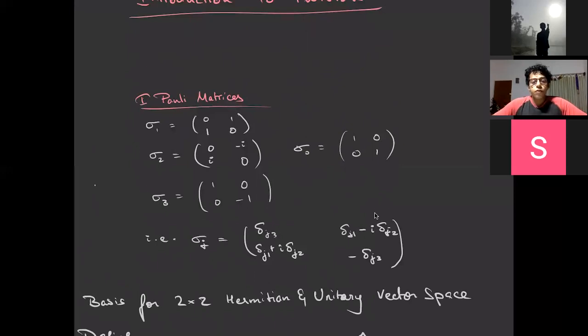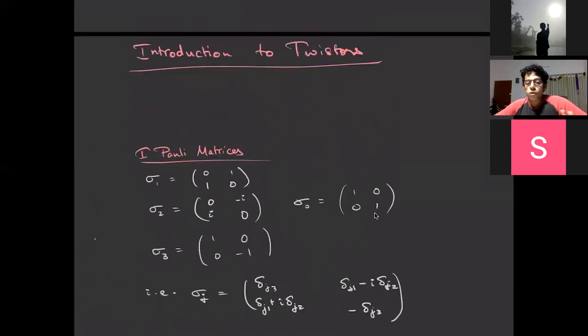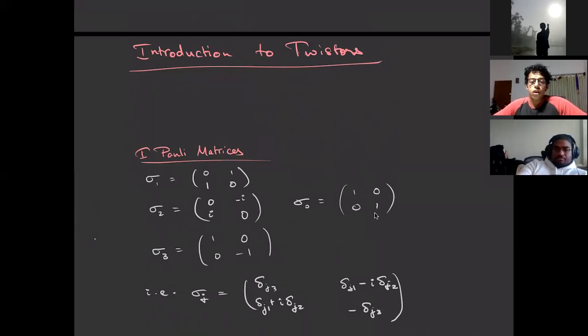So one of the first things that you talk about is the Pauli matrices, right? What are the Pauli matrices? They are just sigma one, sigma two, sigma three, coupled with sigma naught, which form the basis of the Hermitian matrices that constitute two by two Hermitian matrices. So what does it mean?